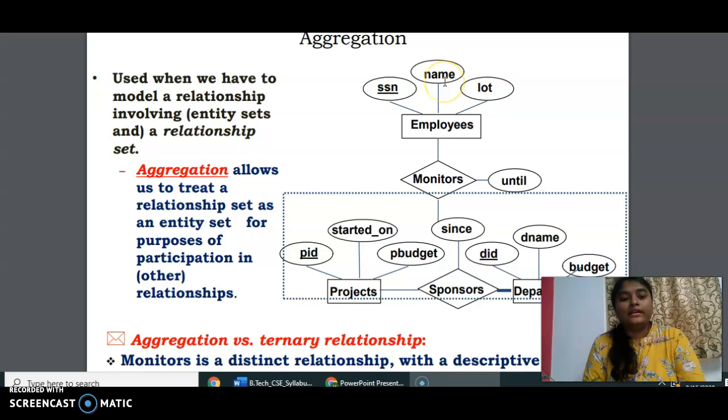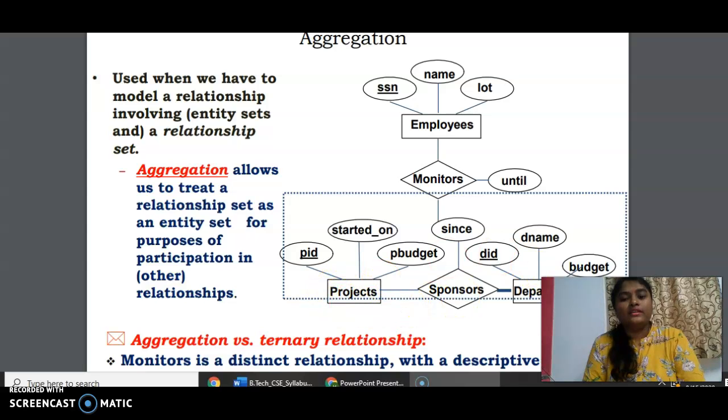That means aggregation allows a relationship to participate in another relationship. See, this is a ternary relationship. Why am I saying ternary relationship? Because here we have more than two entities. If I use two entities and one relationship, then it is known as a binary relationship.